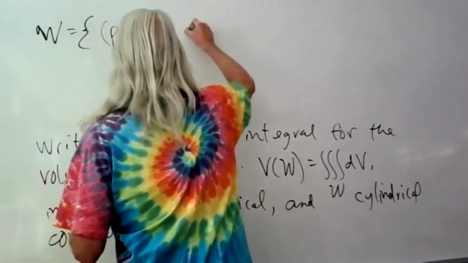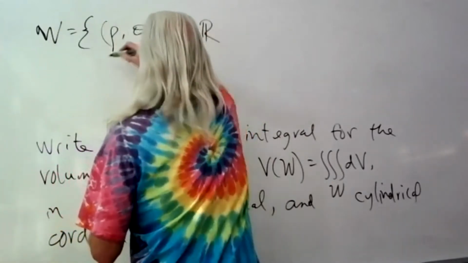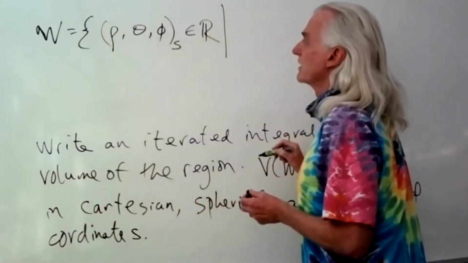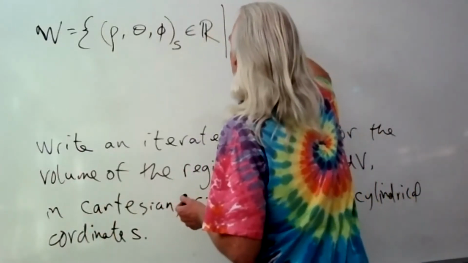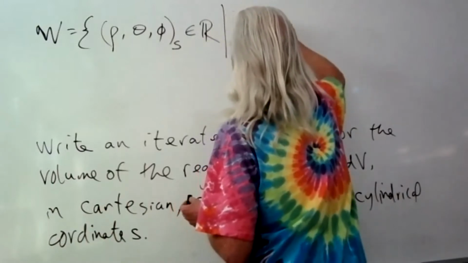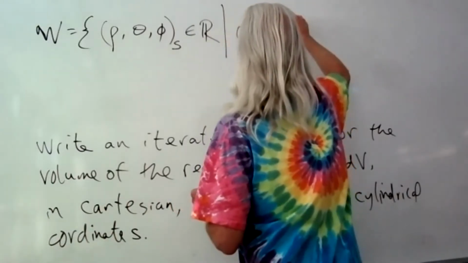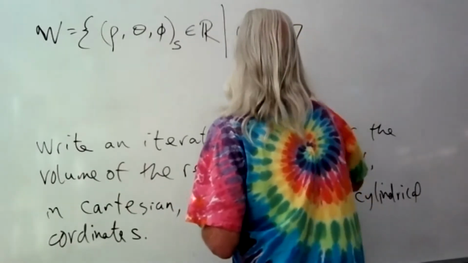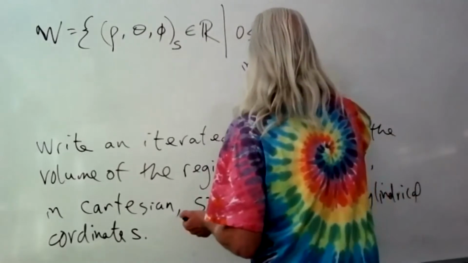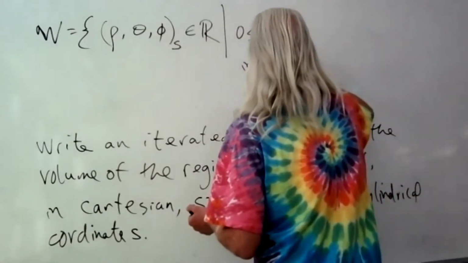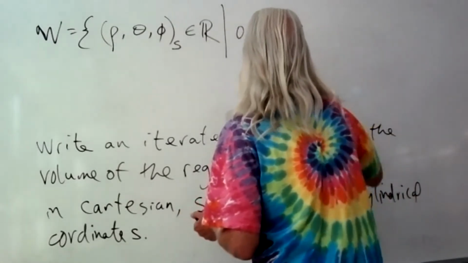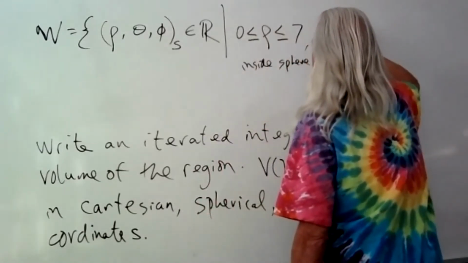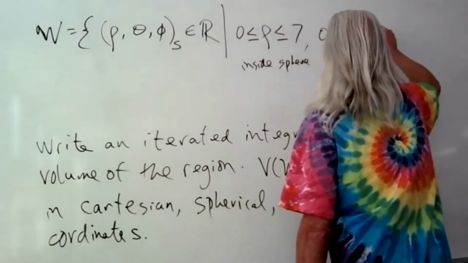That's in spherical coordinates. Those are all points in R3 with spherical coordinates, such that what do we have here? Well, we have 0 less than or equal to rho less than or equal to 7. So this means inside the sphere of radius 7.